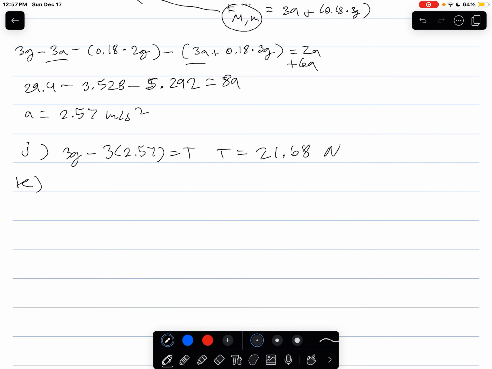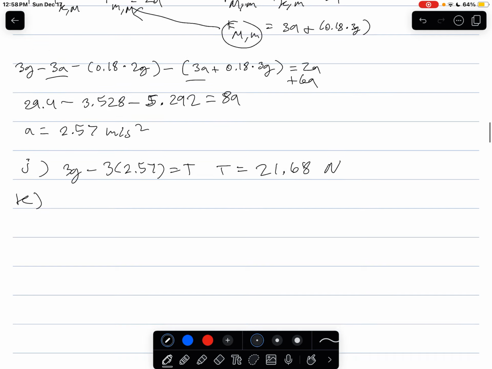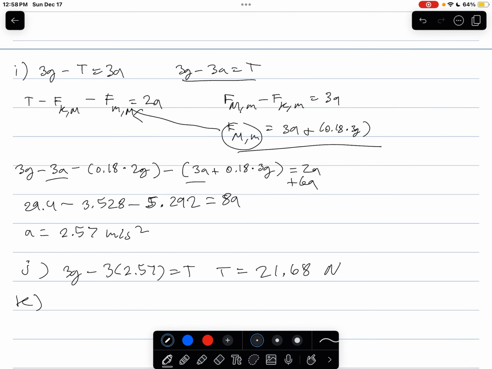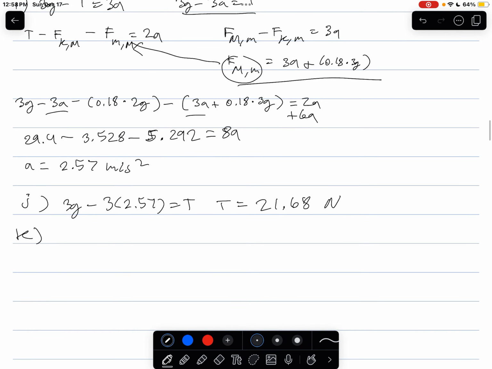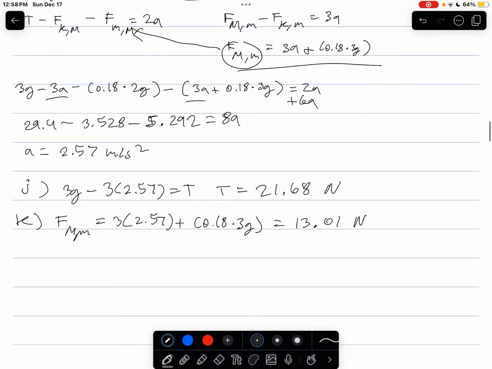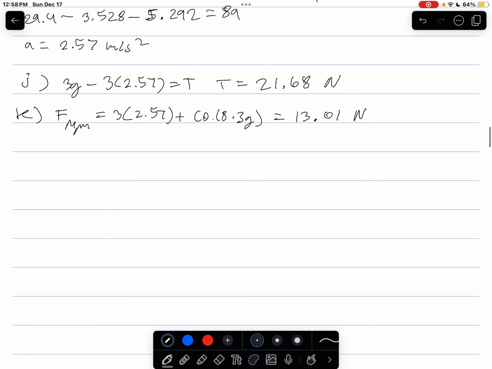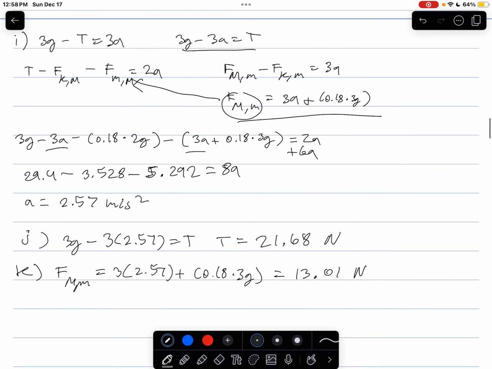And then for the contact force, I'm going to use the equation I found here. And then the answer should be around 13.01 newtons.